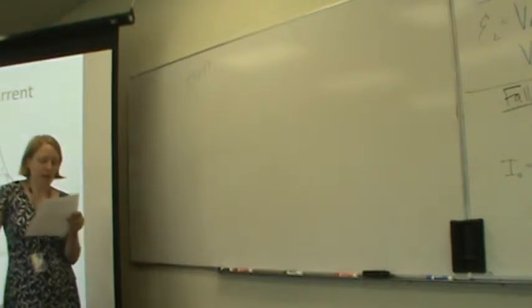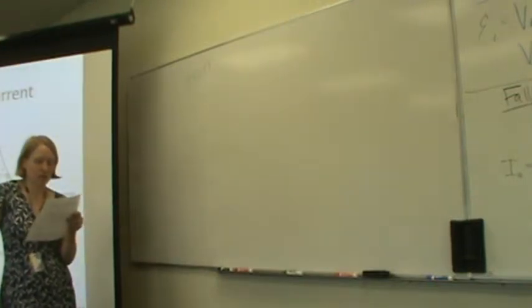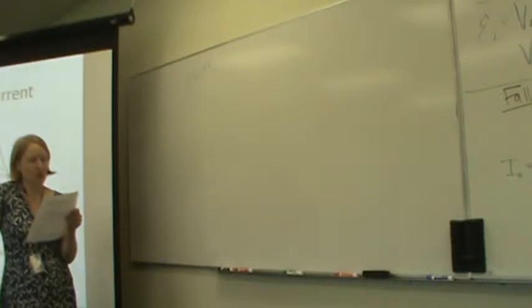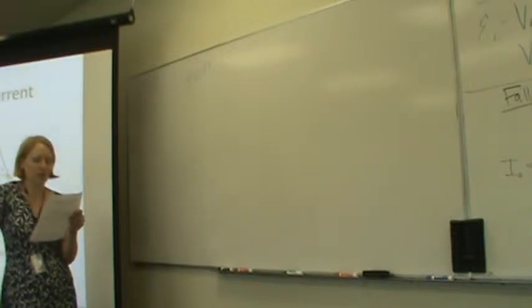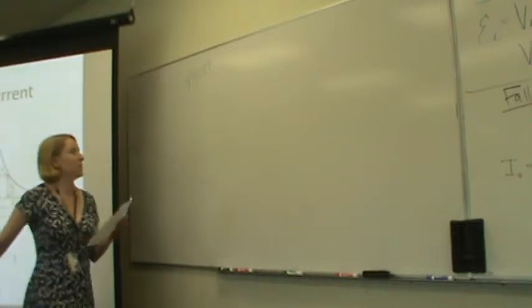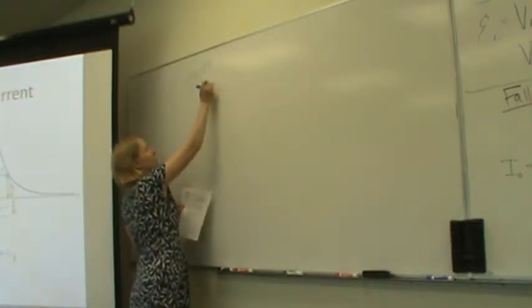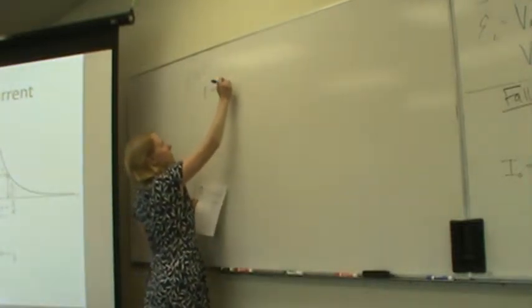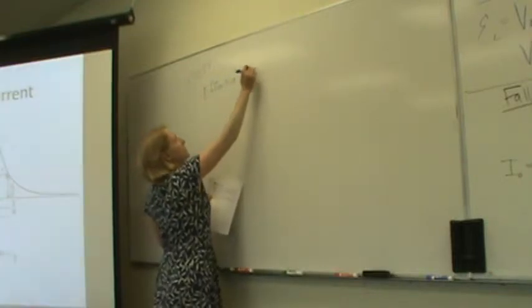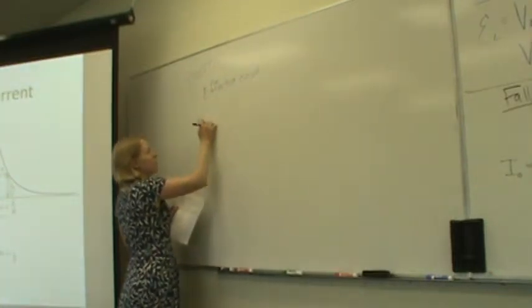Okay, so we have a battery of 60 volts, a resistor of 240 ohms, and an inductor of 0.16 henries, with switch S2 open and switch S1 closed until a constant current is established. Then S2 is closed and S1 is opened, taking the battery out of the circuit. Okay, so I'm gonna start and just draw what the effective circuit looks like, so we don't get confused.